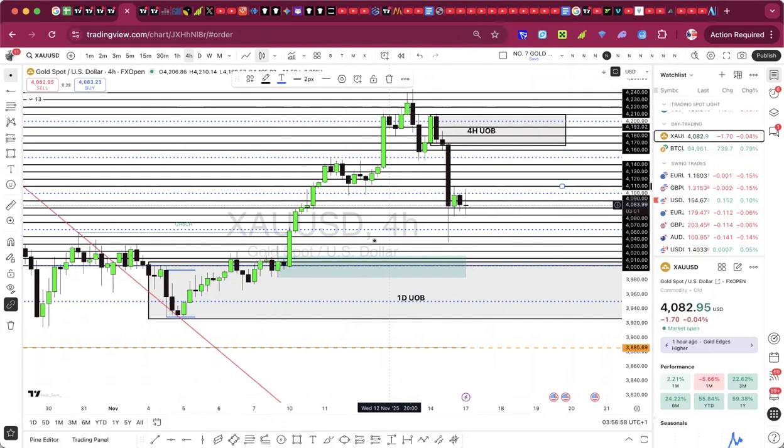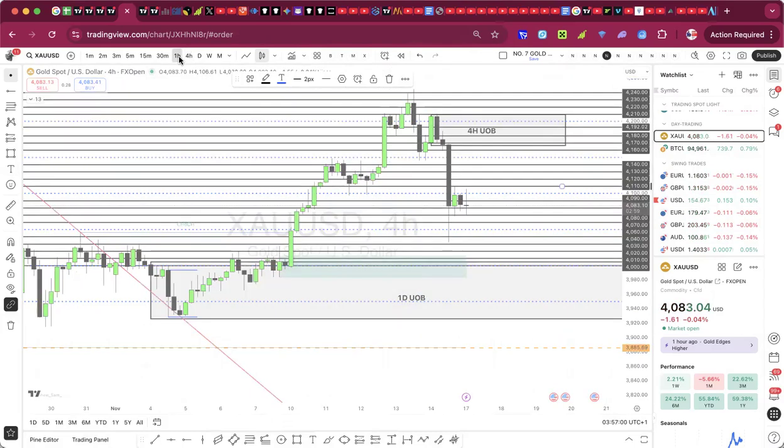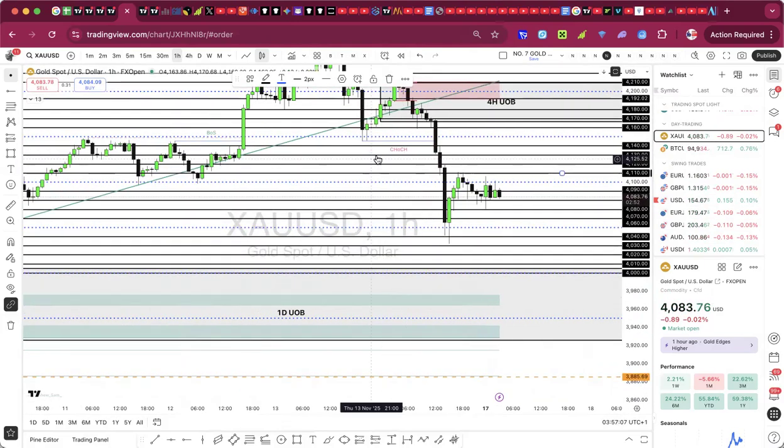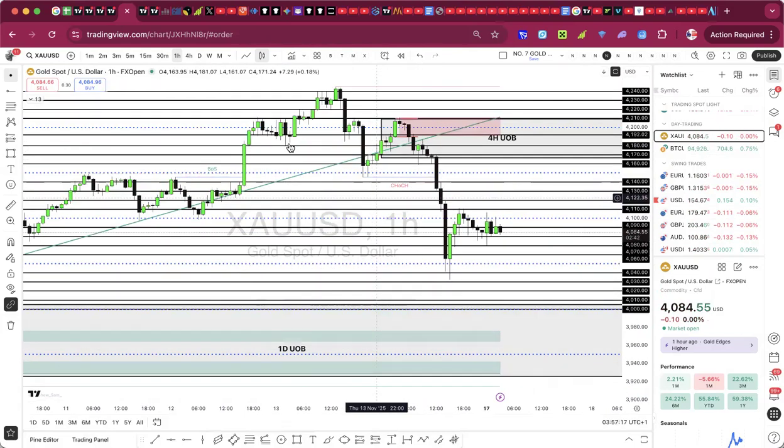And then we step down to an hour. So now, an hour, I don't want to disturb myself unnecessarily. You see the structure here, and this is a breakout structure because we've gotten a market structure shift over here.